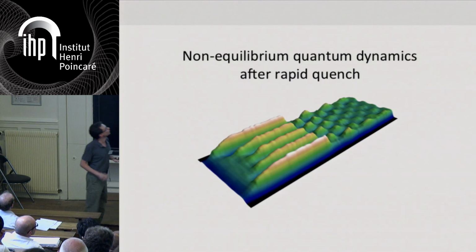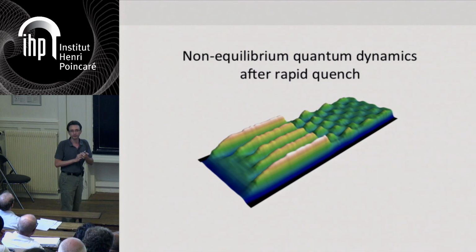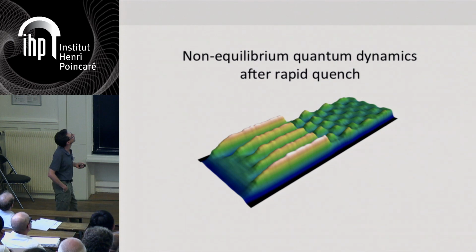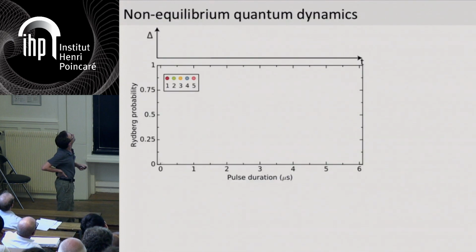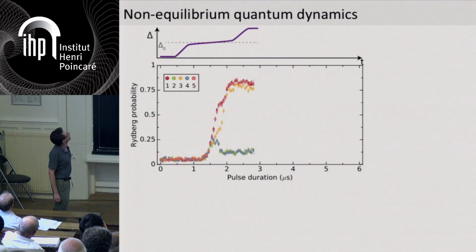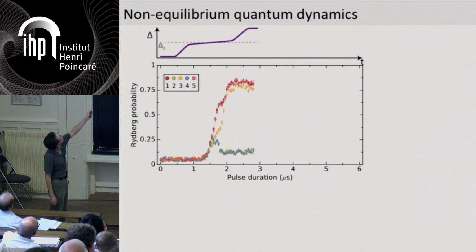Anyway, OK, so that was for the static dynamics. Let me now move to some non-equilibrium physics that we've performed with this system. The idea now is to prepare some Rydberg crystals, so still this alternating pattern of Rydberg and ground state, which we do by frequency sweep across the resonance.